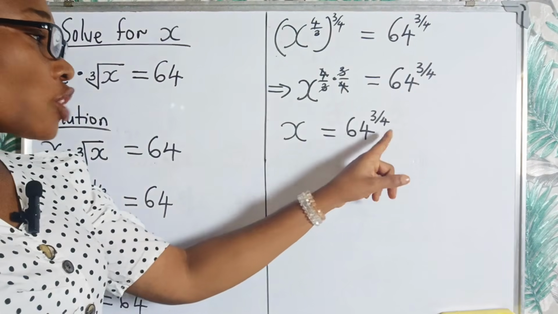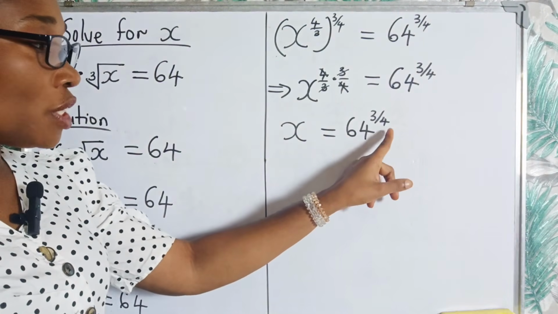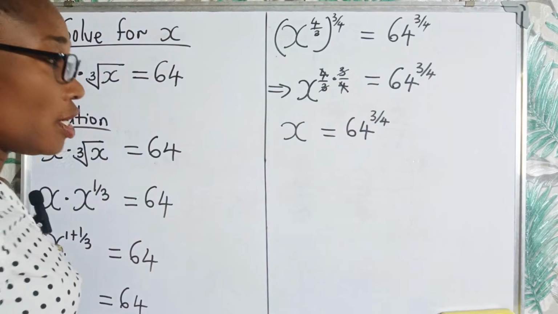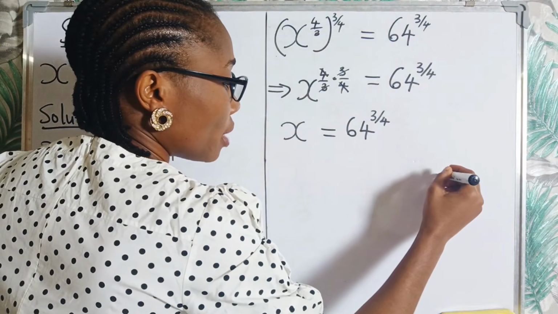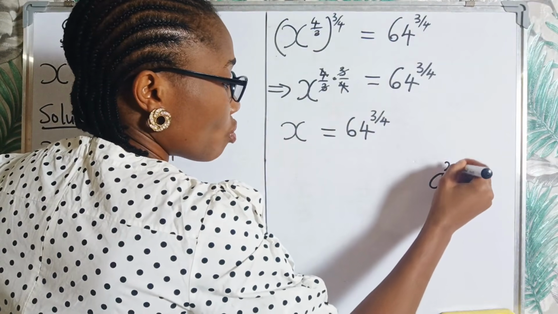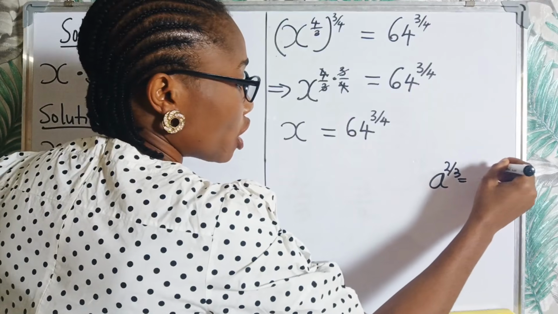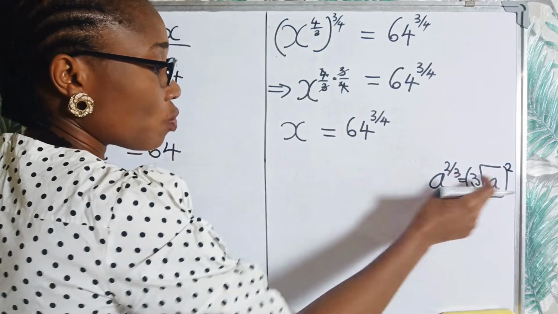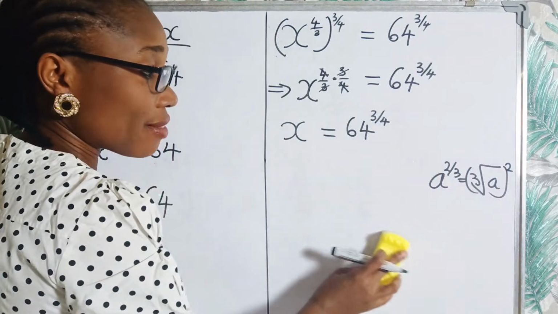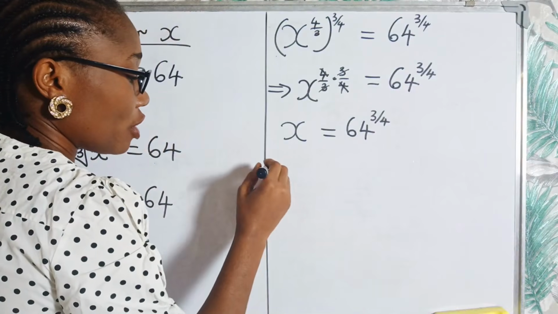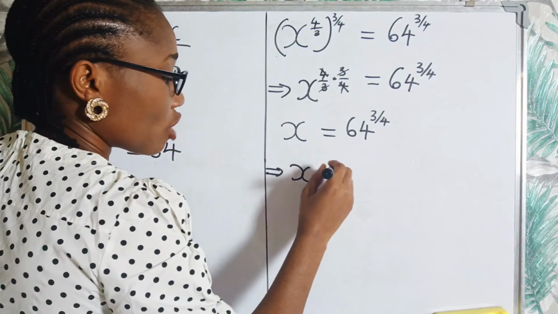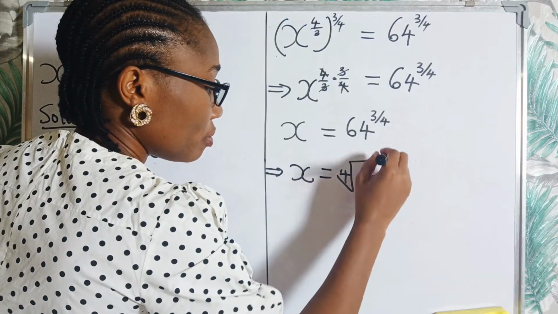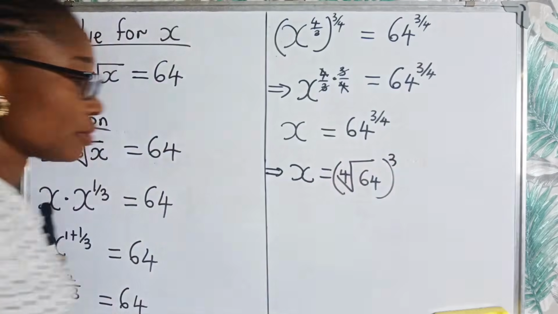Now, whenever we have a fractional index, the denominator takes the root while the numerator takes the power. Let's say if I have a raised to power 2 over 3, this is equal to the cube root of a raised to power 2. So the denominator will take the root and the numerator will take the power. So here we are going to have x is equal to the fourth root of 64, all raised to the power 3.